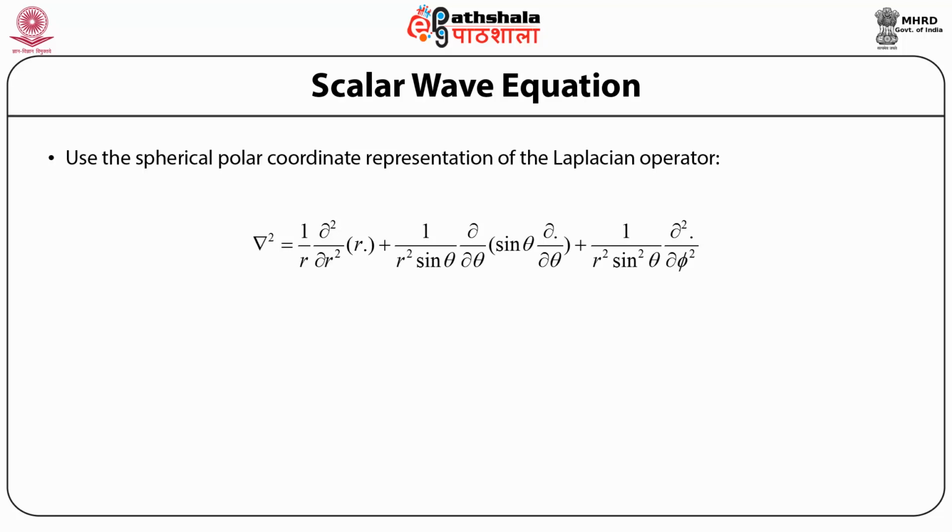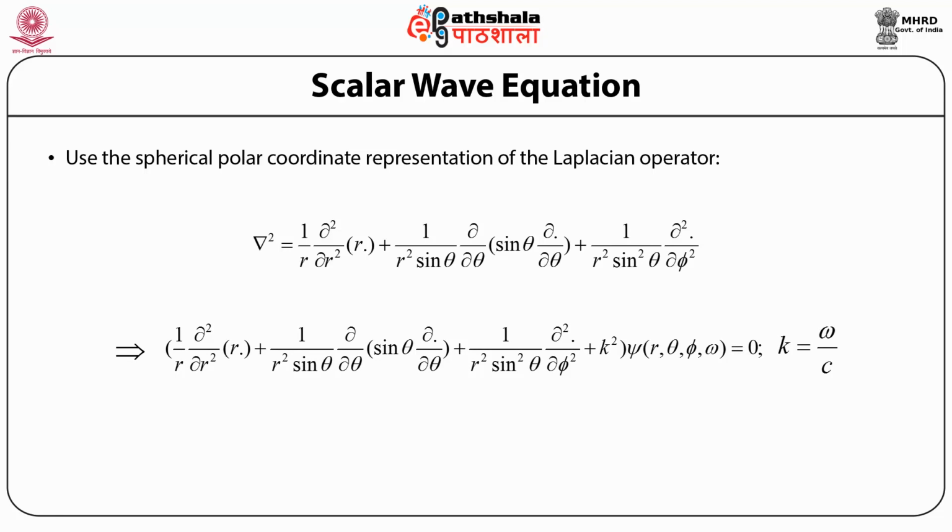Using this form for the Laplace operator, we get 1 by r ∂²/∂r² of (r ·) plus 1 divided by r² sinθ ∂/∂θ of (sinθ ∂/∂θ ·) plus 1 by r² sin²θ ∂²/∂φ² (·) plus k² whole into ξ(r,θ,φ,ω) equals 0, where k equals ω by c.